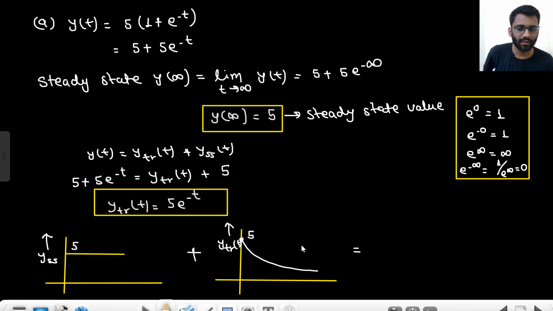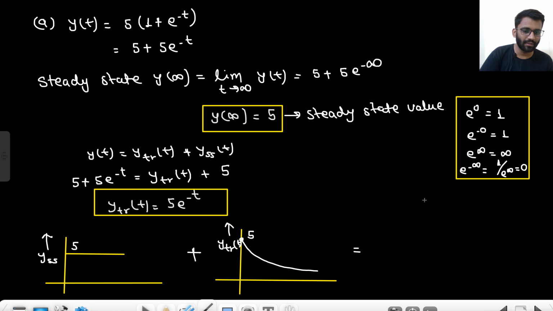So from 5 it goes to 0 because at t equals infinity. You can see that the transient is decaying. At steady state only this will be left.